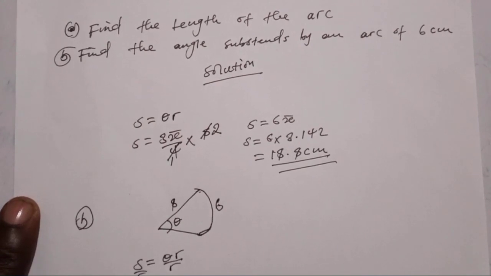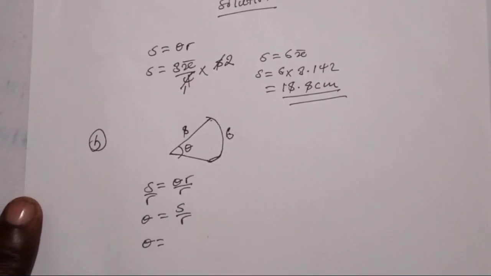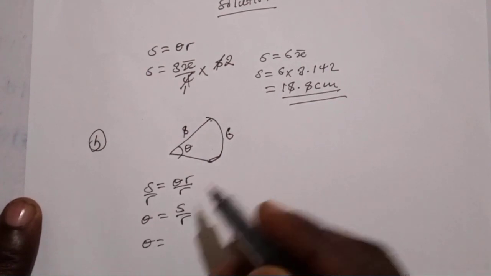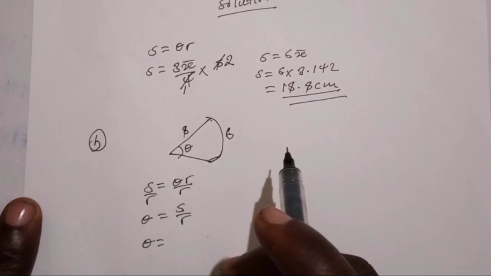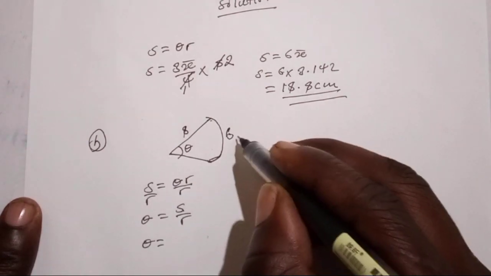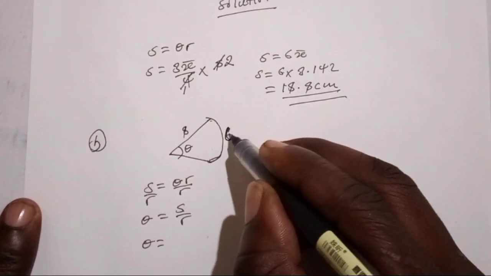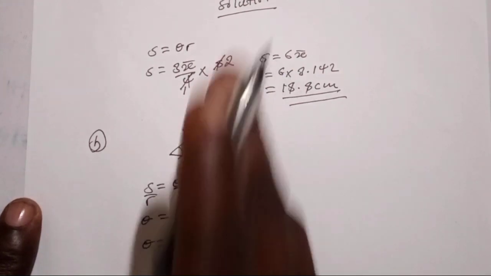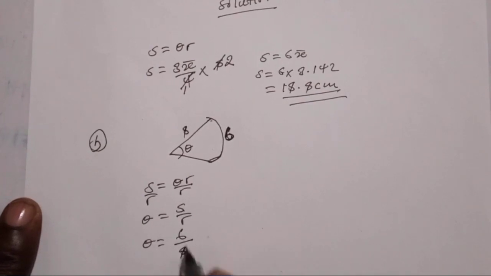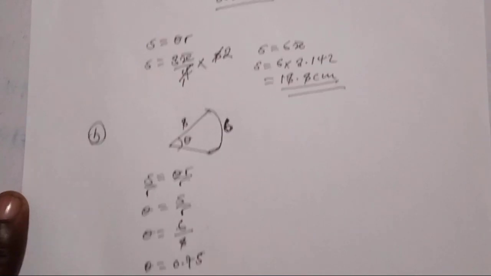Here S is the distance subtended by this sector. So we have 6, the radius is 8, and if you divide 6 by 8, we are going to have theta equals 0.75, and this one is in radians.